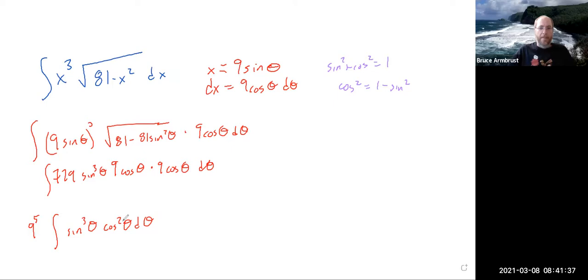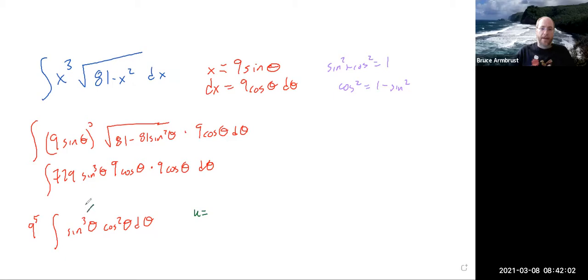All right, so what do we want to substitute in for here? Remember, the trick with these is to look at the powers. We've got cosine squared, we have sine cubed.